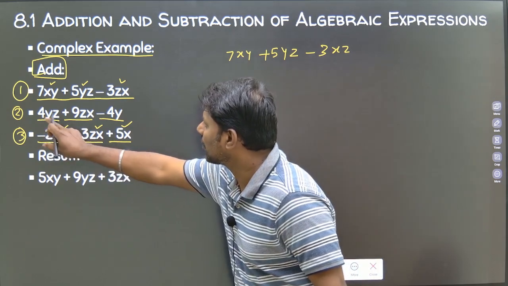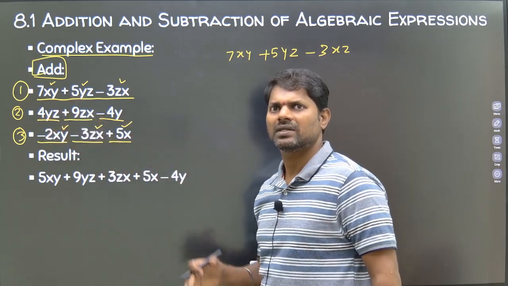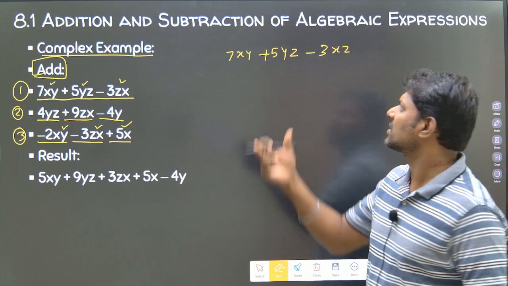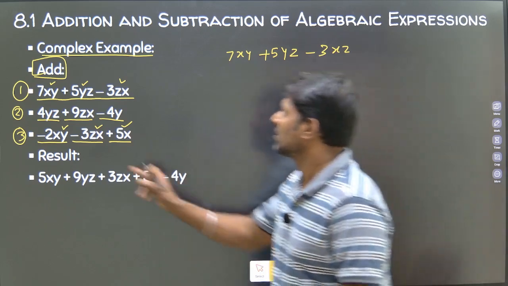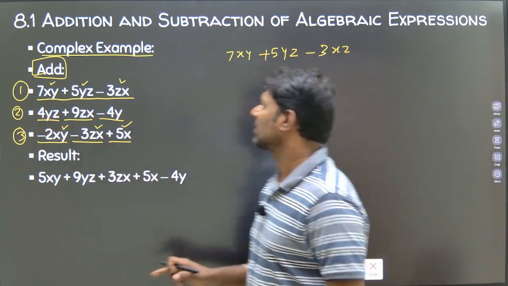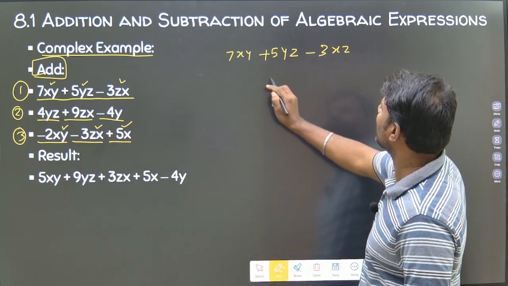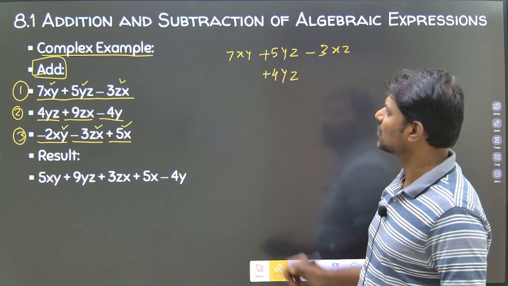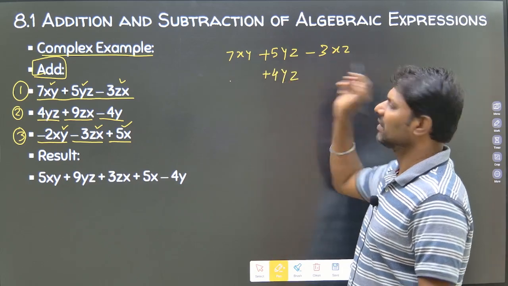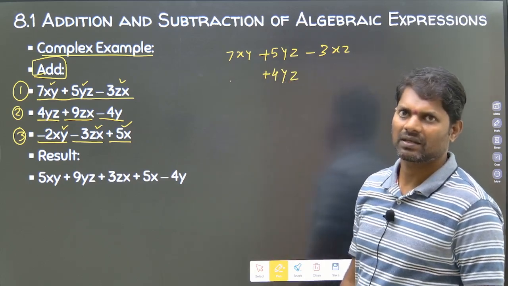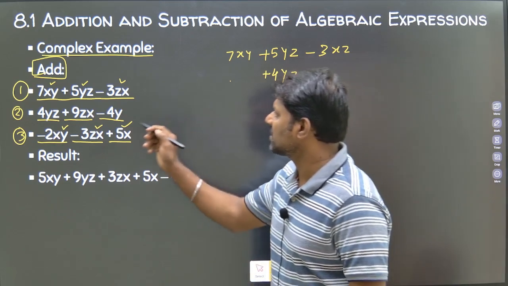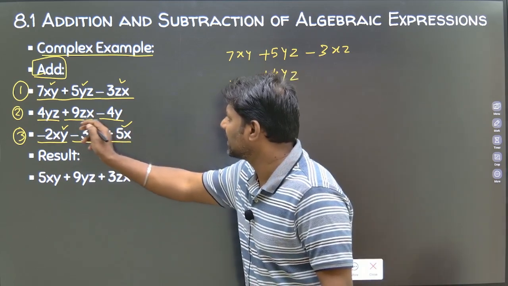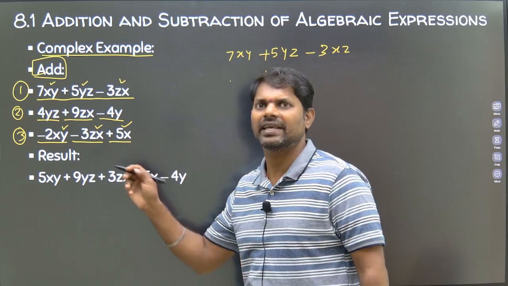Next, 4yz. So, while writing the second expression onwards, we have to see the matching terms. So, 4yz, where is the yz term? Here. So, I will write plus 4yz here, at the second place.